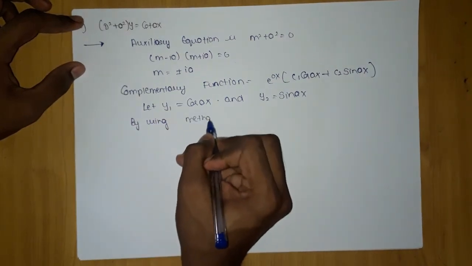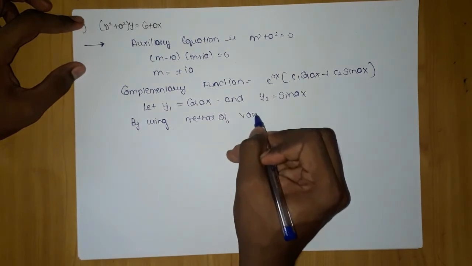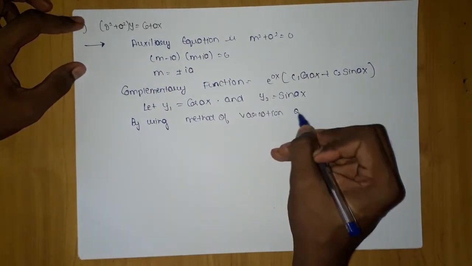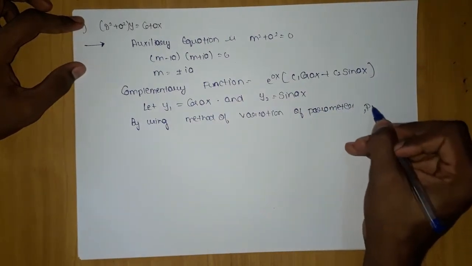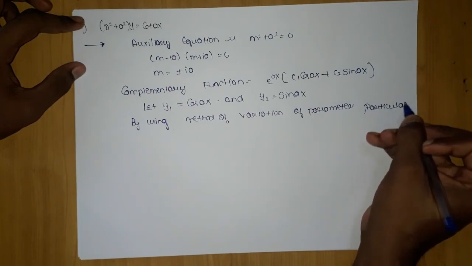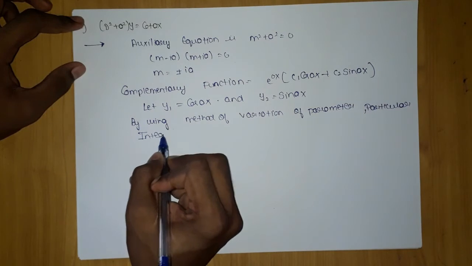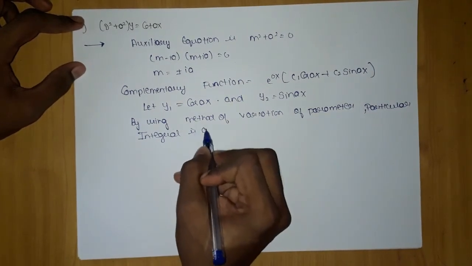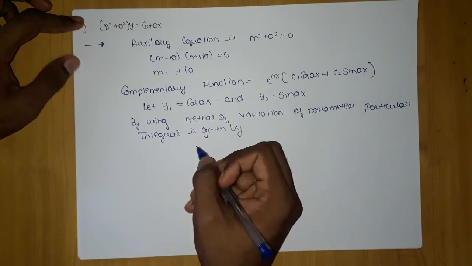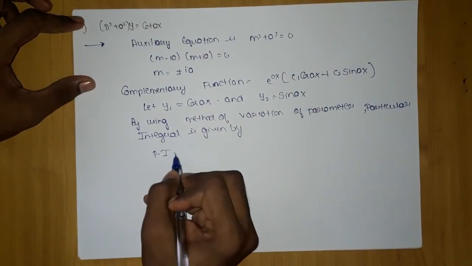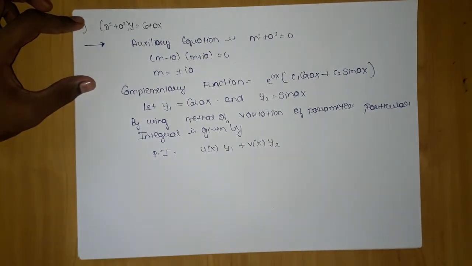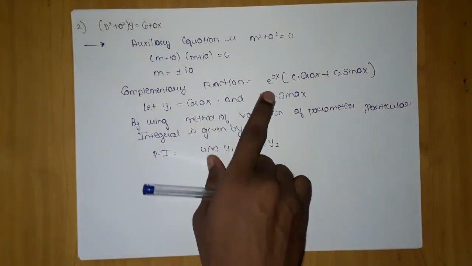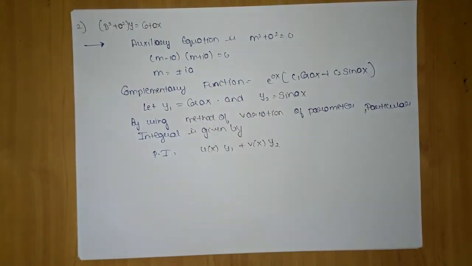By using method of variation of parameters, the particular integral is given by u of x into y1 plus v of x into y2. Now by comparing from here, you already know what is your y1 and what is your y2. Whatever is attached with c1 is your y1 and whatever is attached with c2 is your y2.